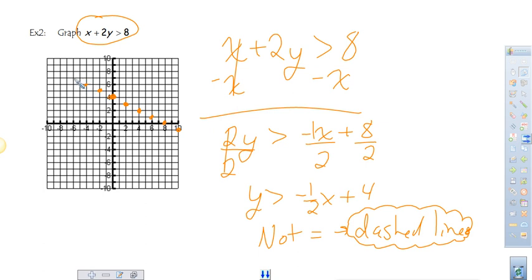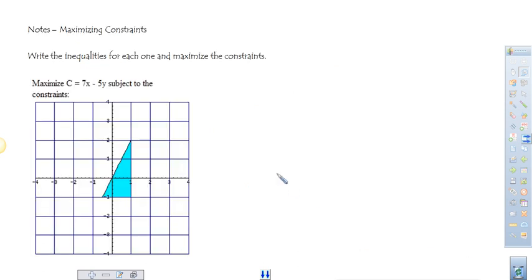Again, make sure that you are careful and that you're using a ruler, because it will affect your answers. And then this one, y is greater than, so greater than my y-axis. My higher numbers are above, so I'm going to graph above. Alright? We'll practice those some more.